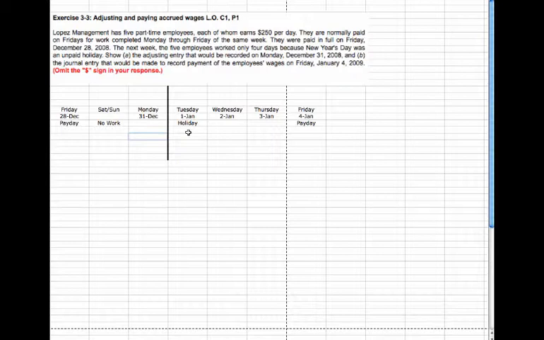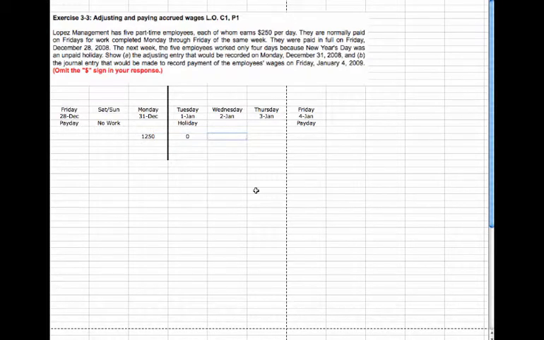Because their pay is from Monday through Friday and their payday is Friday, they're going to incur $1,250 for salaries on Monday. They're going to get 0 for Tuesday.